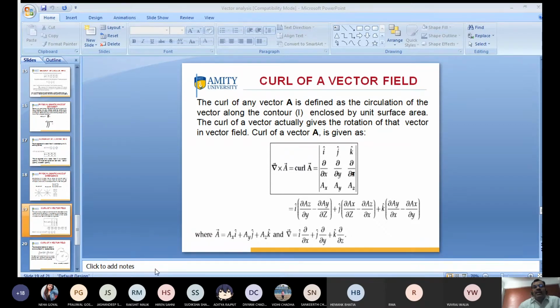The value of A is given here, Ax i plus Ay j plus Az k. What is del? Del is i del by del x plus j del by del y plus k del by del z. So this is known as curl.